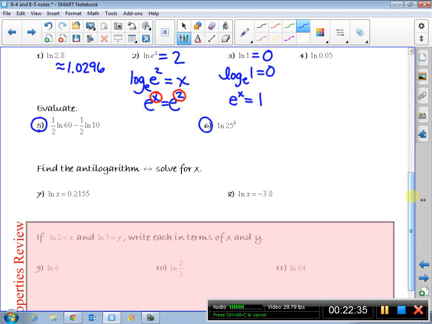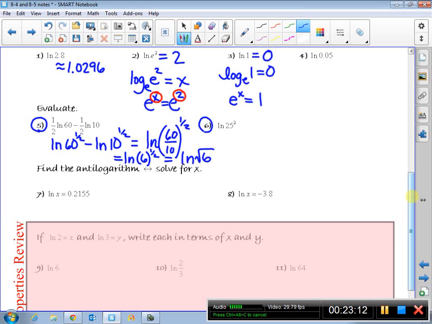So I could actually transform this, a little property practice. ln of 60 to the half minus ln of 10 to the half, and a half is a square root, so I have subtraction as well. How about ln of 60 divided by 10 to the half? This is looking fun. 60 divided by 10 is the ln of 6 to the half. So I'm actually looking for ln of the square root of 6. It's not going to be anything special.